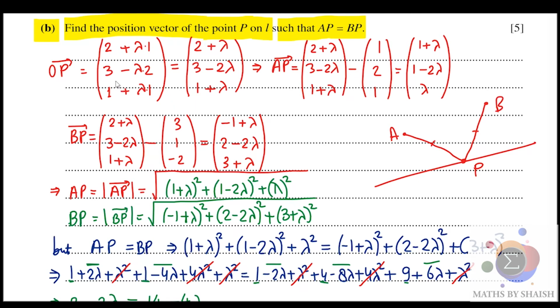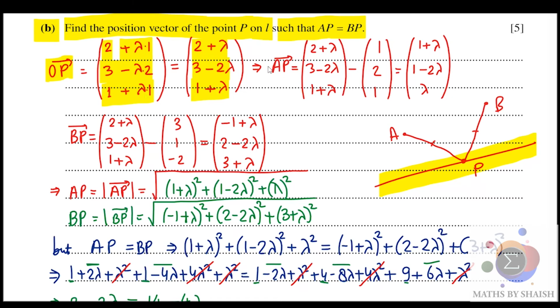First of all, we consider OP, because P lies on L. This is the line L, and we have the vector equation of line L. So in general OP would be of this type: (2, 3, 1) plus lambda times (1, -2, 1), that is (2 plus lambda, 3 minus 2 lambda, 1 plus lambda).